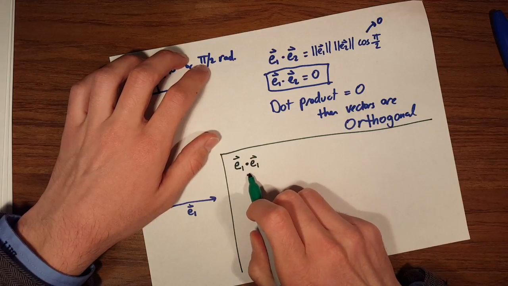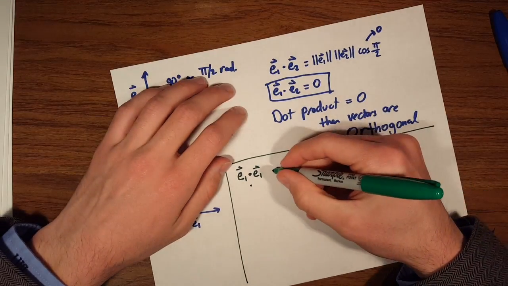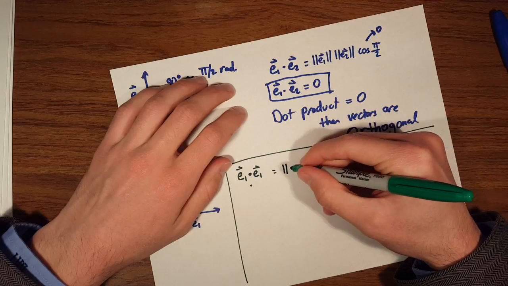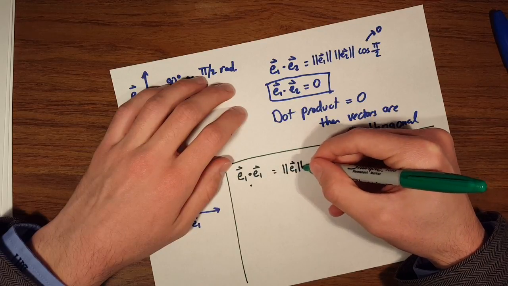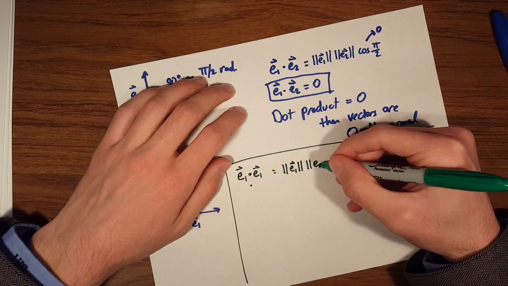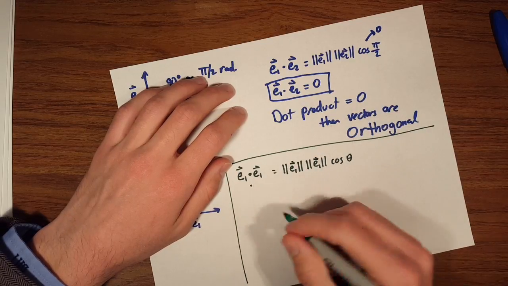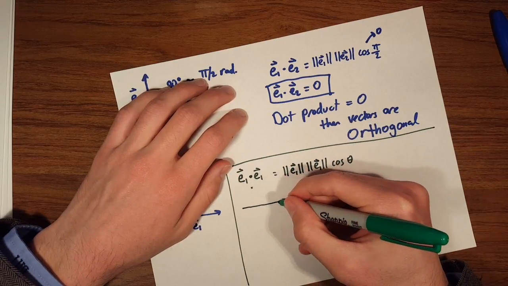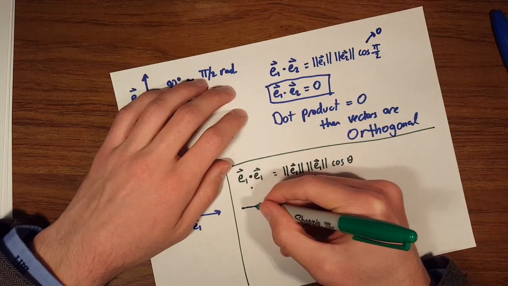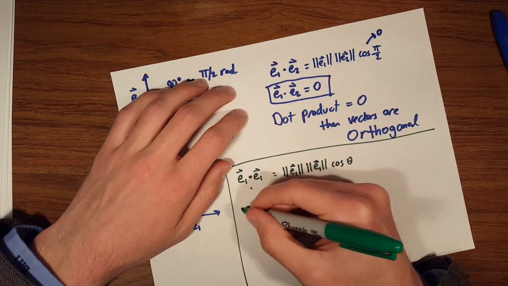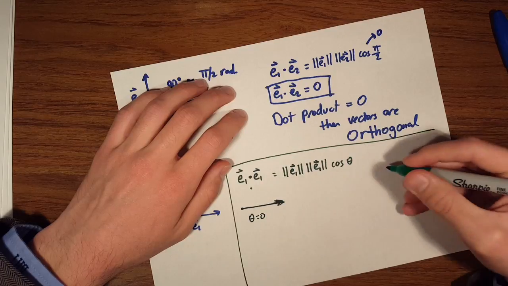Let's talk about what happens when we take the dot product of a vector with itself. From our definition, this becomes the magnitude of E1 times the magnitude of E1 times the cosine of theta. But these are the same vector. So if we draw the picture, it looks like they're lying on top of each other, and so the angle equals 0.